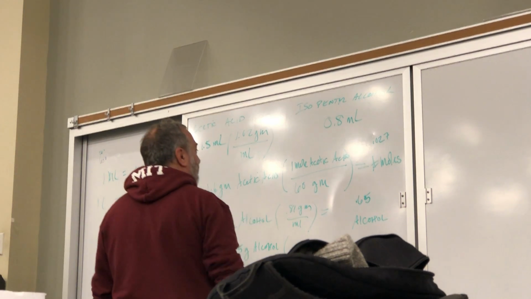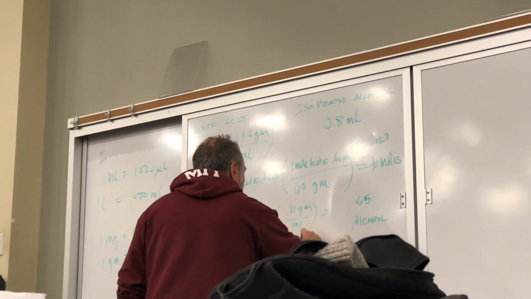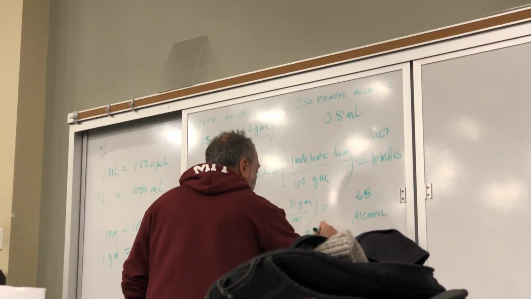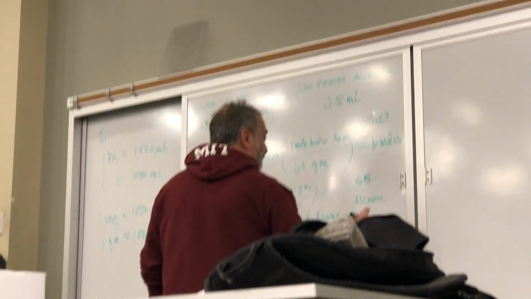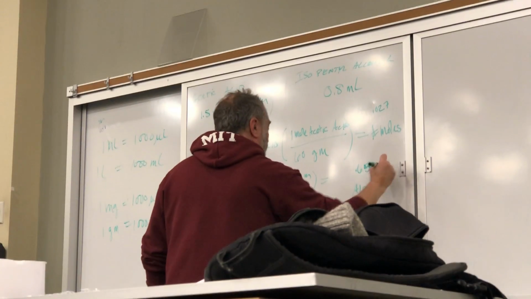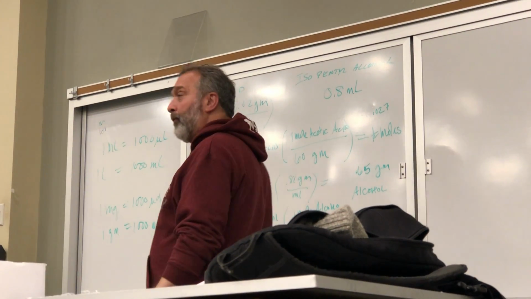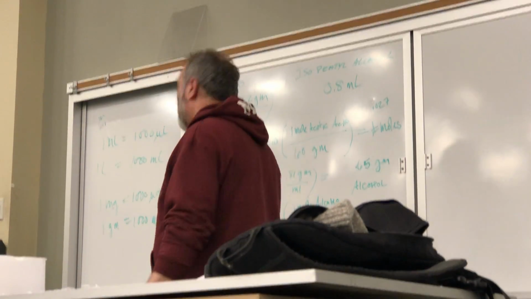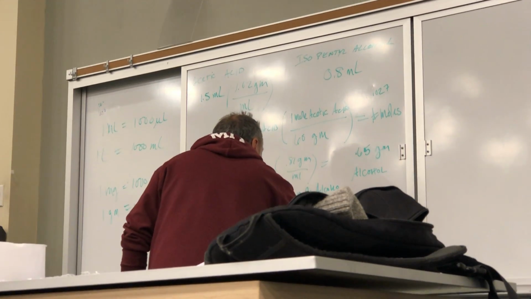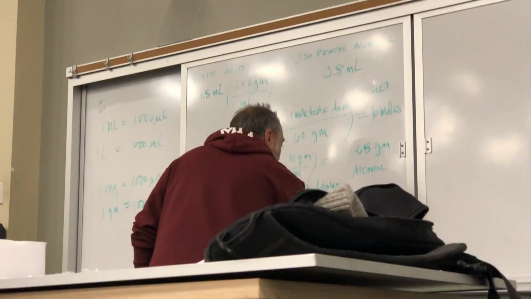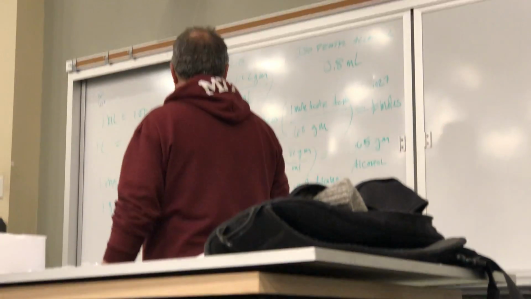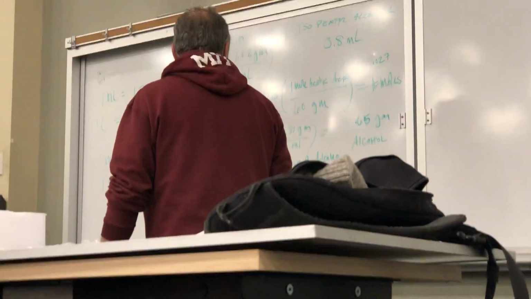times the inverse of the molar mass, 1 mole of alcohol. Divided by what's the molar mass? Should be on that table too. 88.15. Okay. That equals, somebody do the math for me.